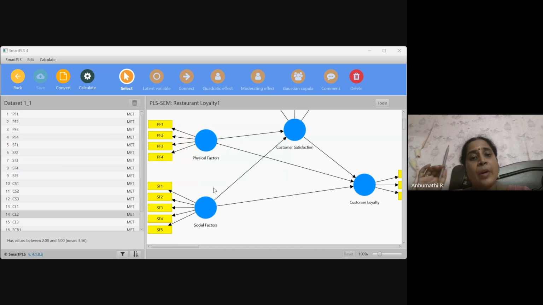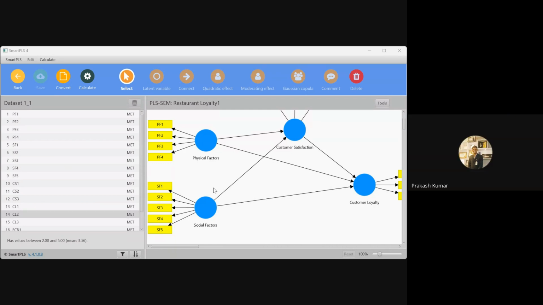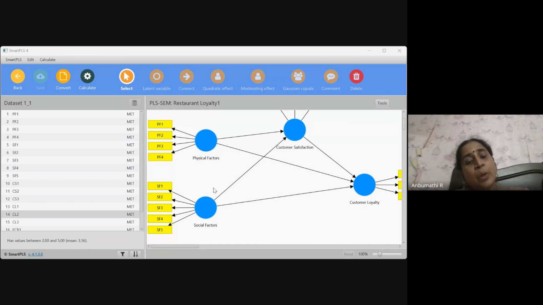You need to recode your question. That would be one of the questions under physical factors, and I recode it as PF1, a short form. Generally, the SmartPLS software will not accept larger text, so you need to recode with a shorter format.